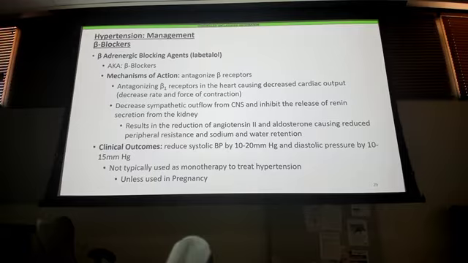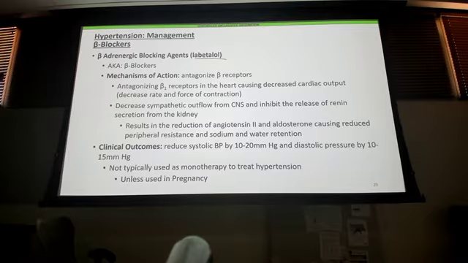Then we talked about beta blockers, and you have labetalol, which has a lot more of an antihypertensive effect when compared to metoprolol. But we usually don't use these as first-line agents because it's not as good as some of the other agents in lowering blood pressure.